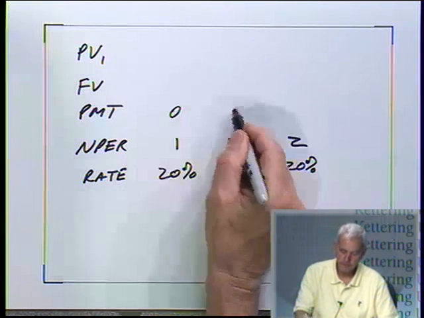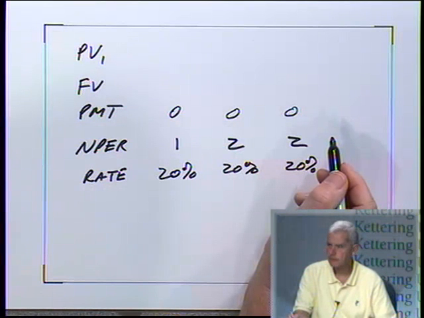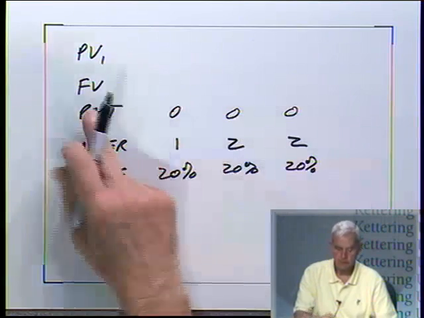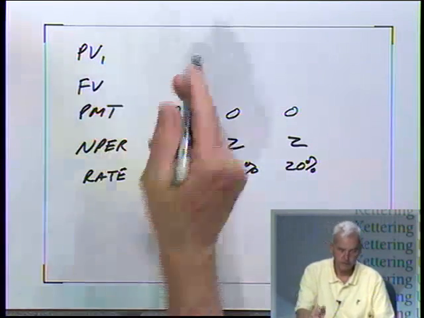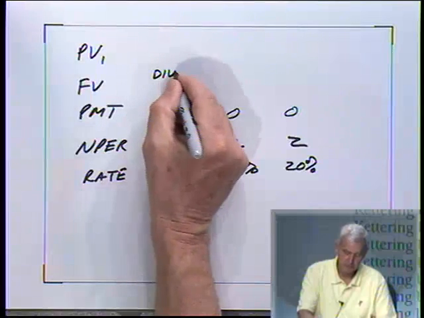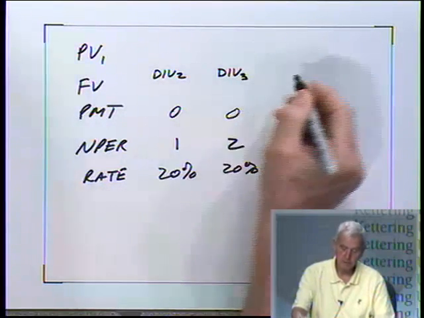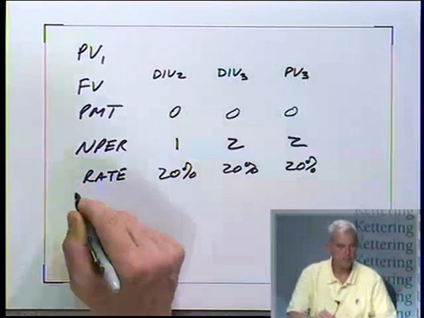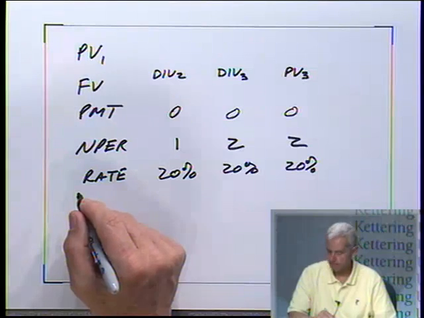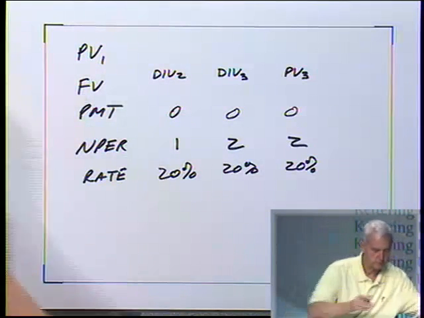The payment is 0. Let me put the future value in symbolically, and then I'll put it in numerically. This is div 2, div 3, PV3, which I got to move something so I can find the numbers.